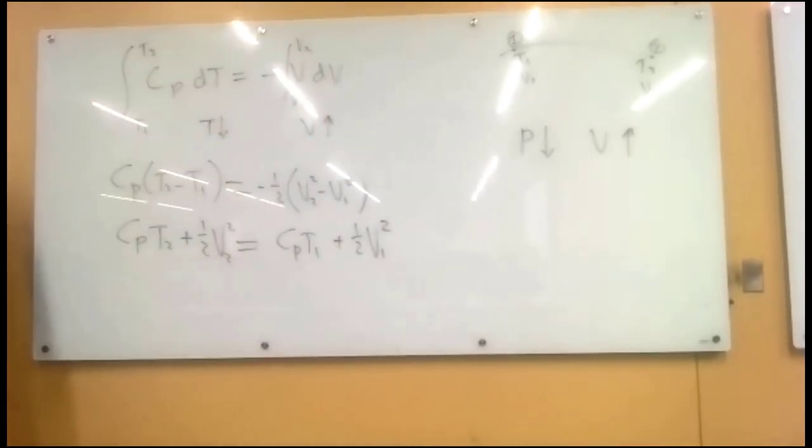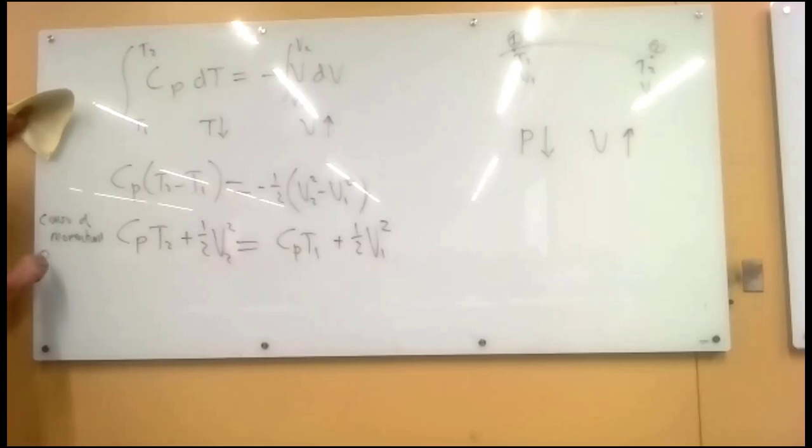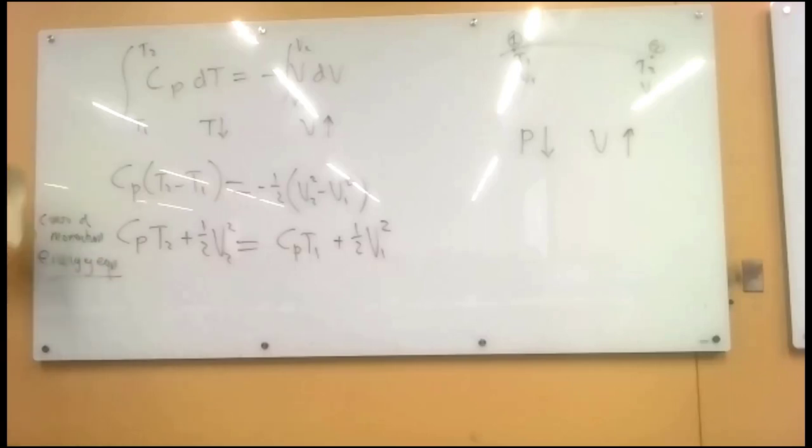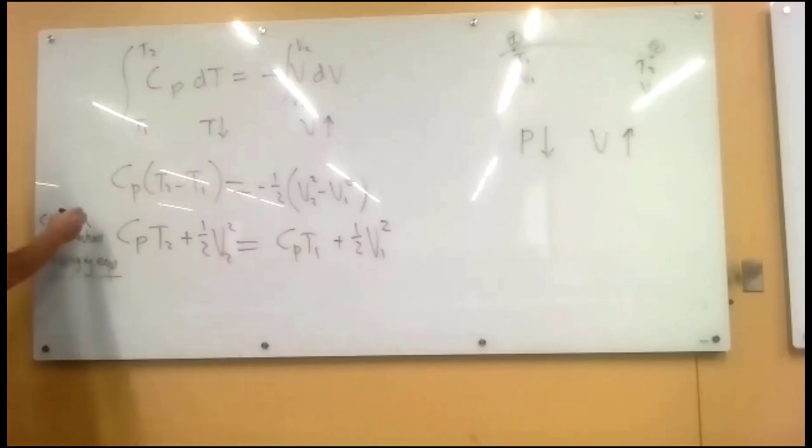And then this is essentially the conservation of momentum equation. Sometimes in the book, they call this the energy equation, because it did come from the first law of thermo, but it also came from the Euler's equation, which is conservation of momentum. So you can call it either one.